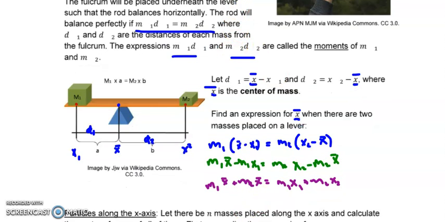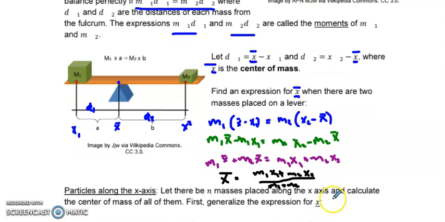Basically, what I can do now is factor out an x bar on the left and then divide by m1 plus m2. So I'm going to have x bar equals m1 x1 plus m2 x2, all divided by m1 plus m2. And notice that m1 plus m2 is the sum of the masses of the particles.